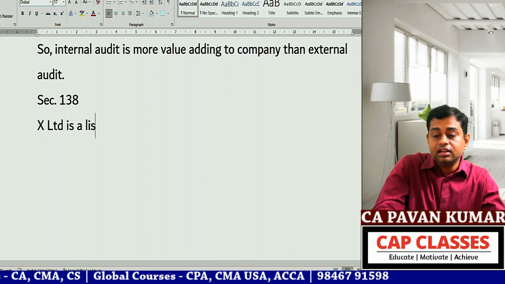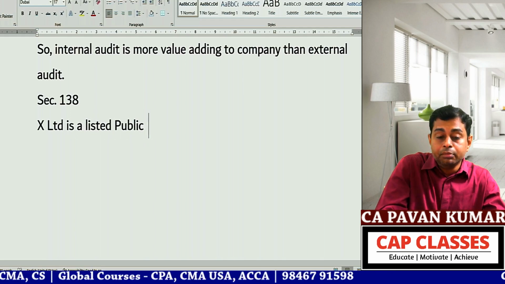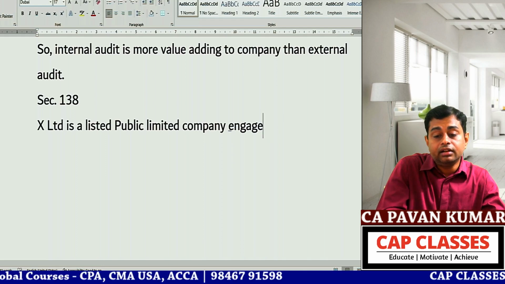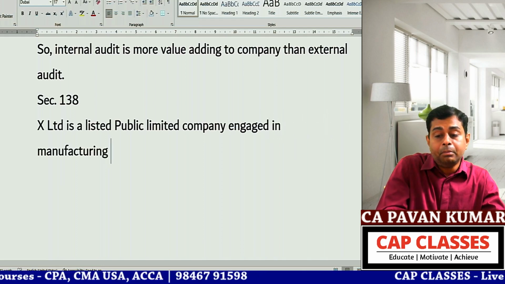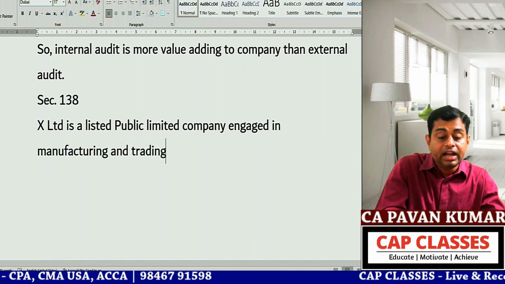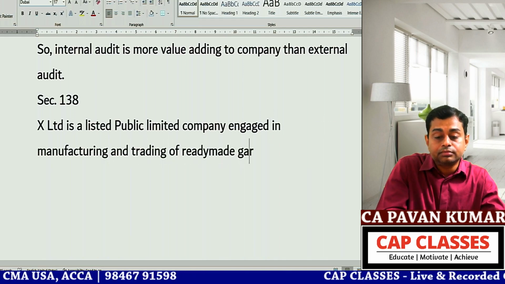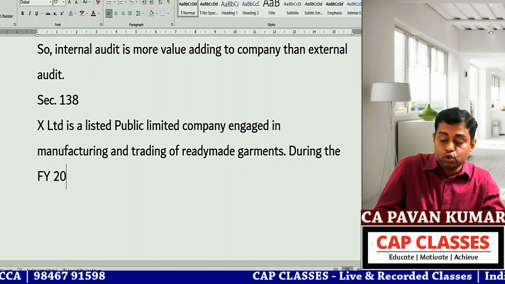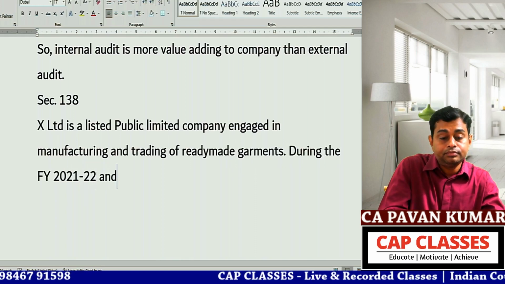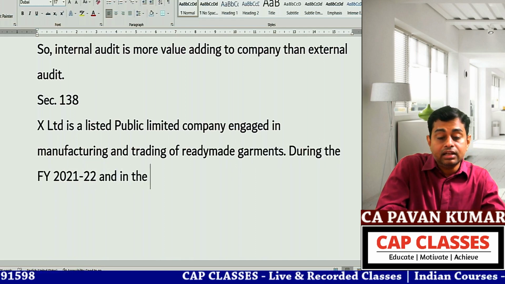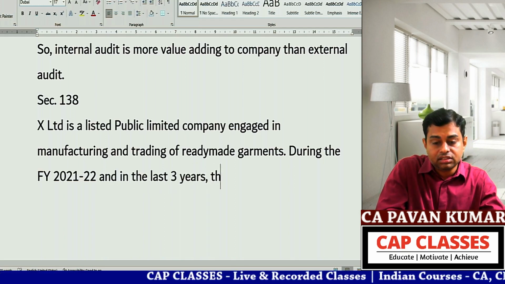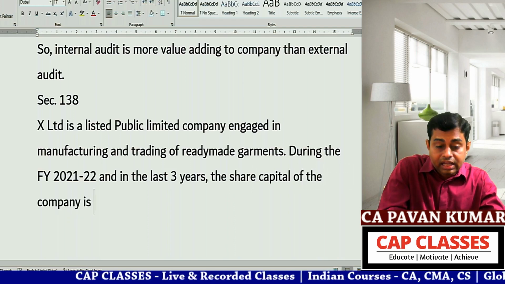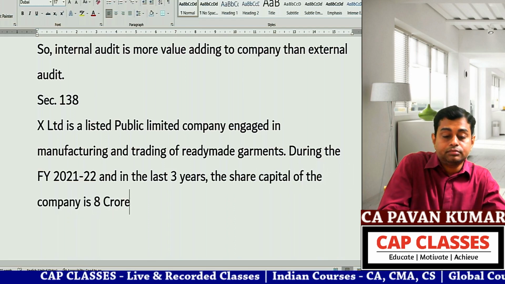X Limited is a listed public limited company engaged in manufacturing and trading of ready-made garments. During the financial year 2021-22 and in the last 3 years, the share capital of the company is 8 crores.